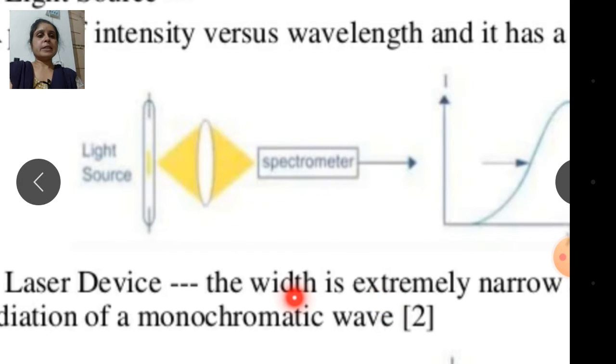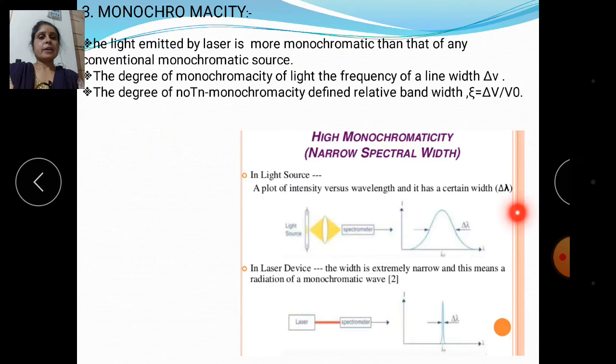In this way, various types of wavelengths appear in the spectrum when using the spectrometer.